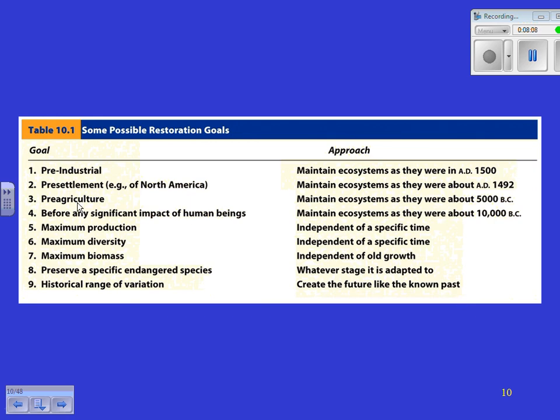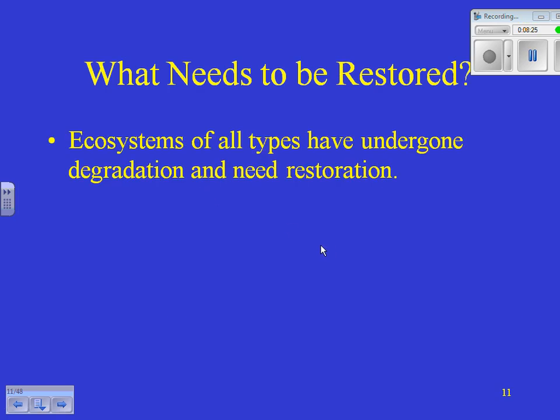If we're trying to restore the ecosystem to pre-agricultural times, we'll have to maintain the ecosystem as they were in 5000 BC. So these are just some possible restoration goals, table 10.1.